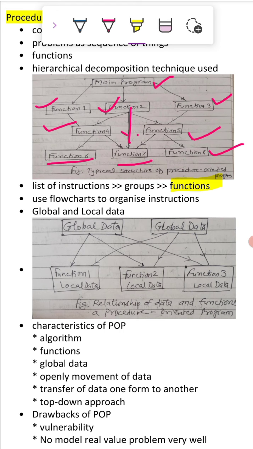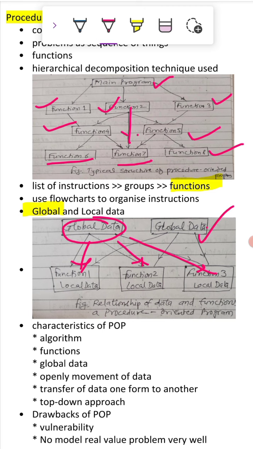But in a multifunctional program, many important data items are placed as global, so that they may be accessed by all the functions. Global data can be accessed by function 1, 2, 3 and so on.